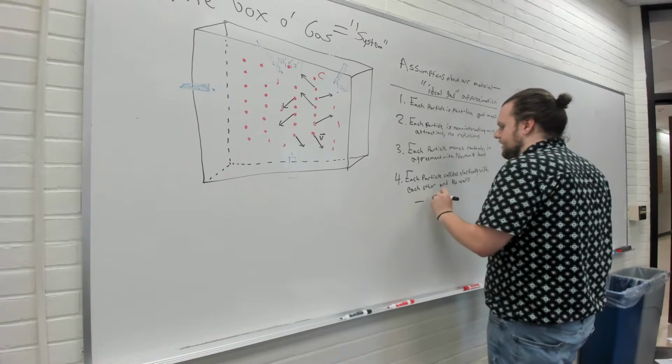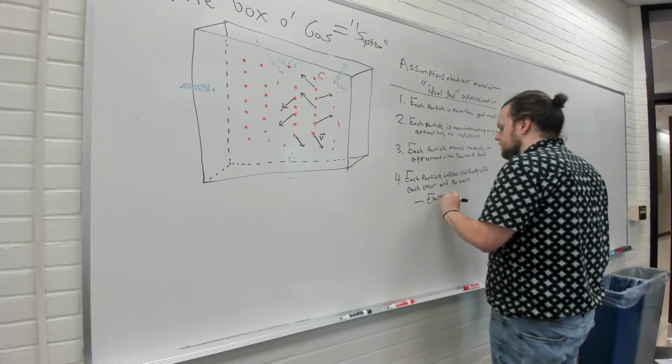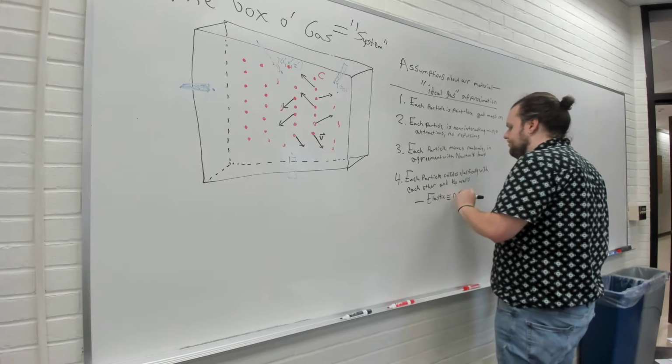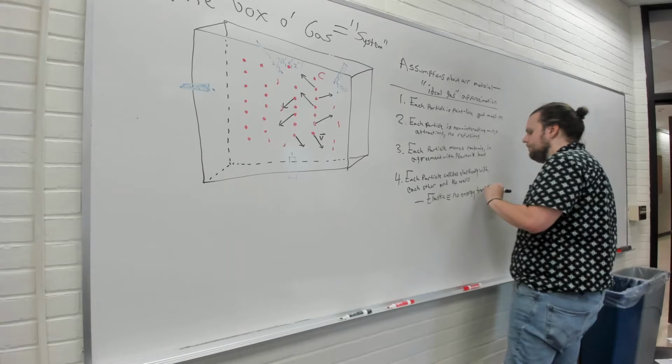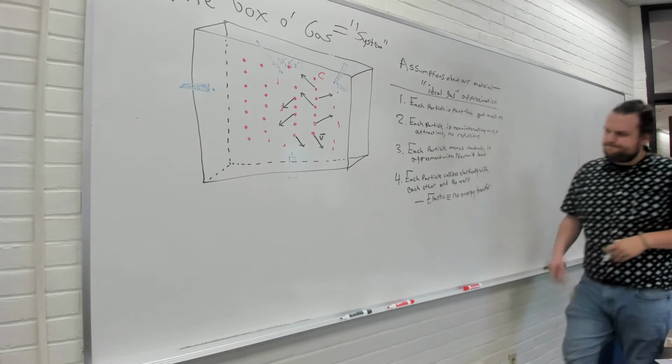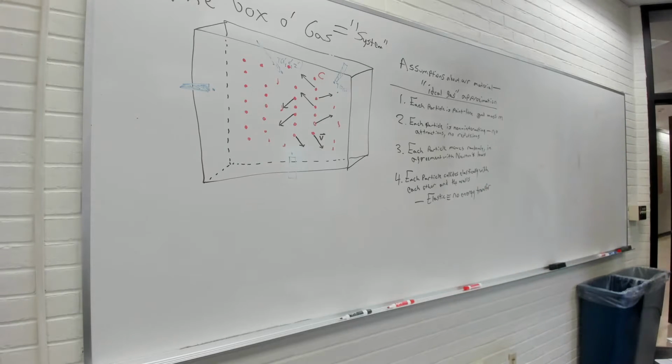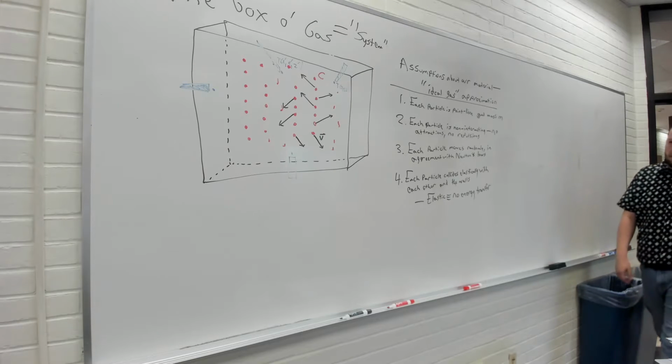I'll just write that elastic means no energy transfer. They just bounce like balls, like pool balls. So when they collide, they don't release sound waves, pressure waves, or anything like that. They just bounce off each other, like they don't know they exist.